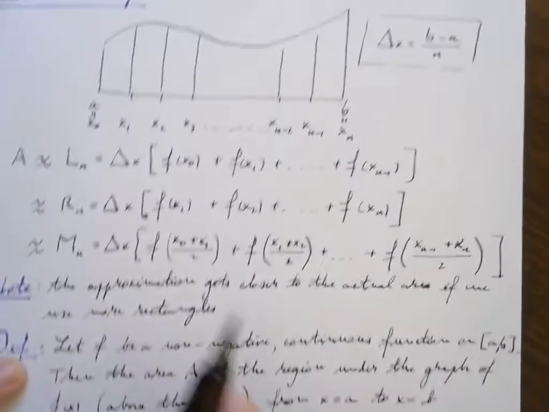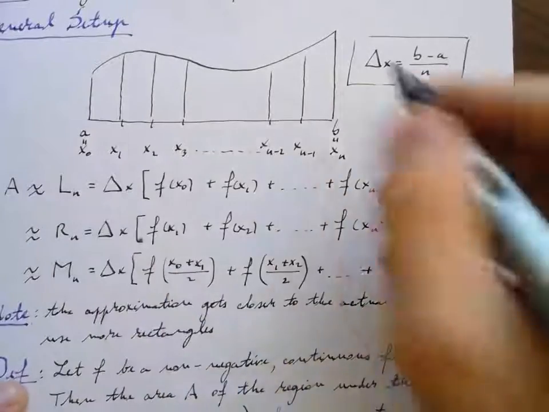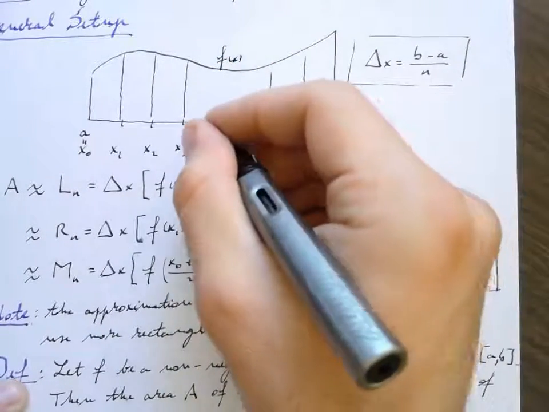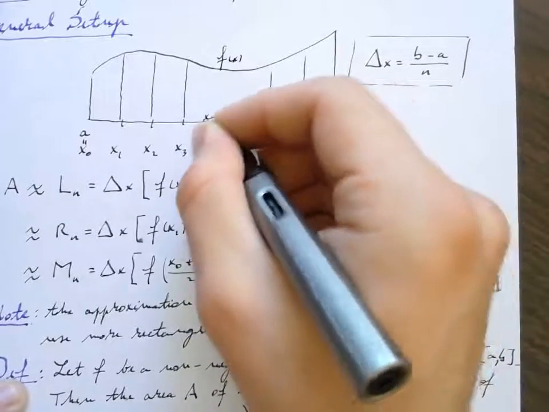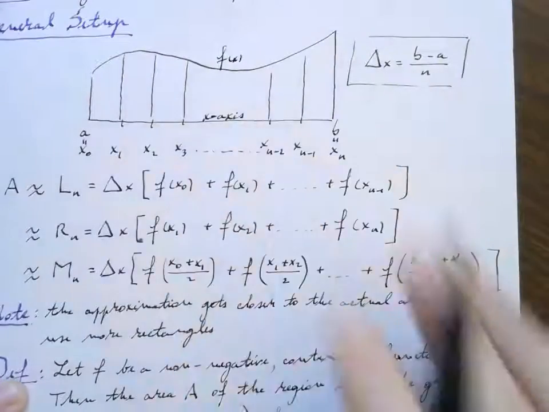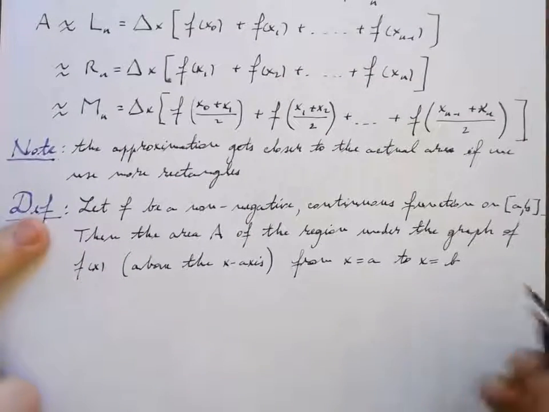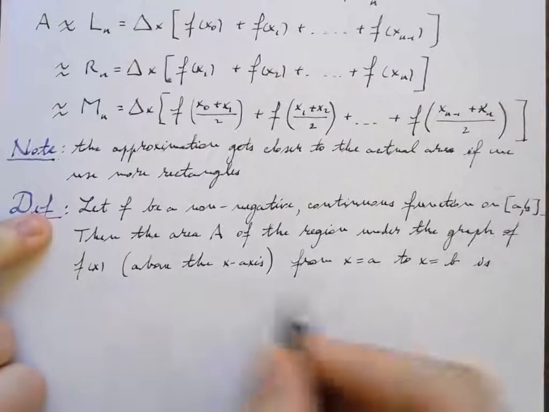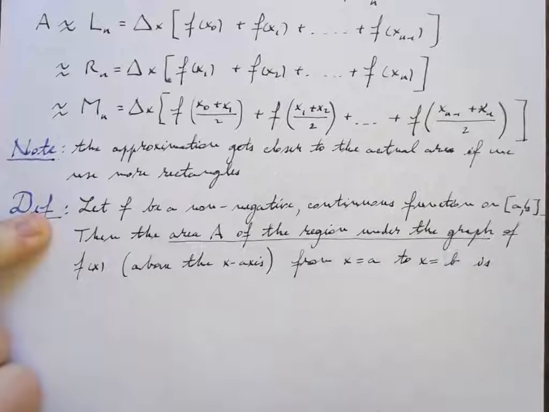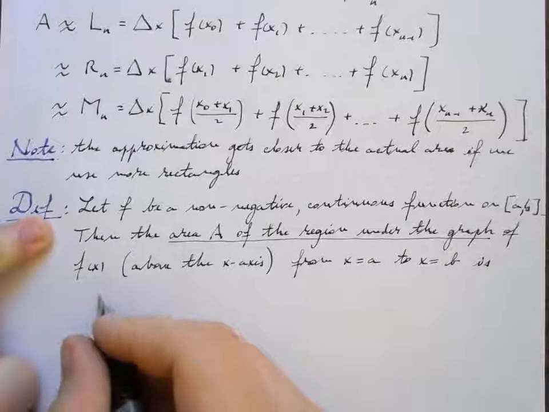So it's exactly this picture right here, where this represents the graph of f of x and this is the x-axis, right? So it's exactly this picture. The actual area is going to be defined in the following way.